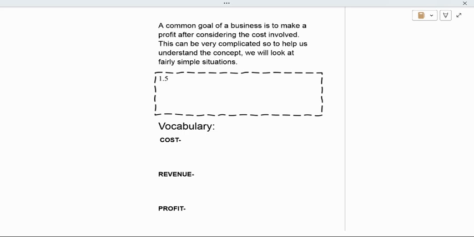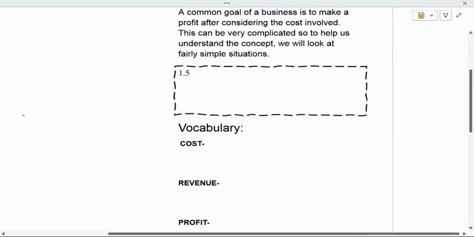So the 1.5 I can statement says what? Do you guys know what it says?